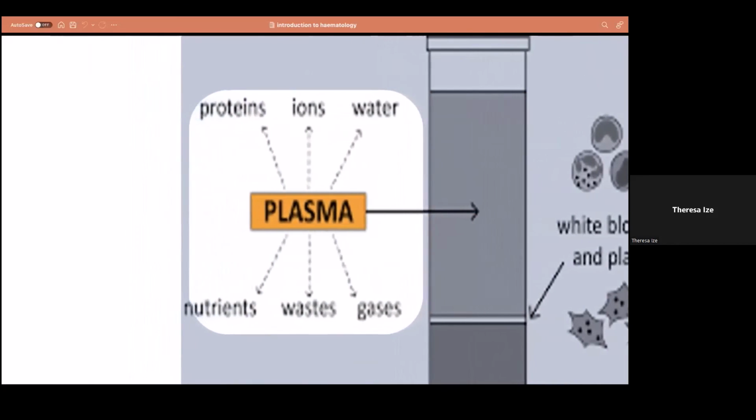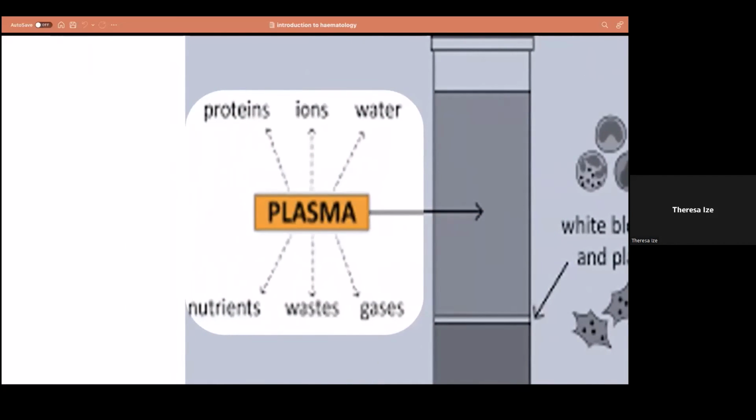The plasma contains proteins, iron. The majority of it is water, about 92% to 96% of plasma is water. It has nutrients, waste products, and gases.